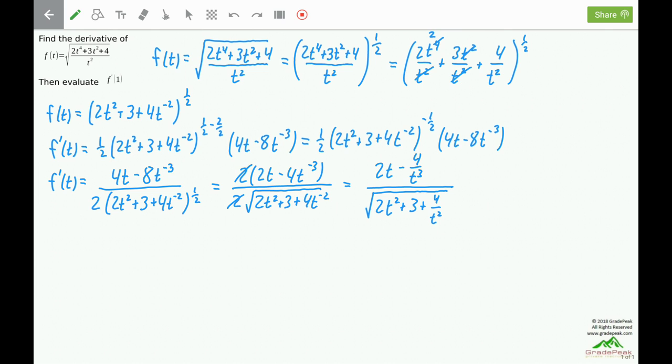We can now evaluate f prime of 1, which means to plug a 1 in for each of the t's.